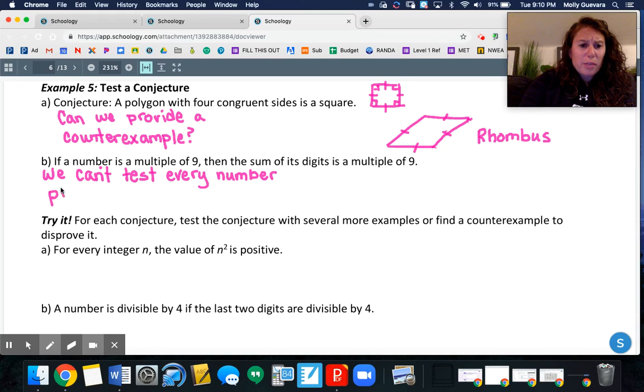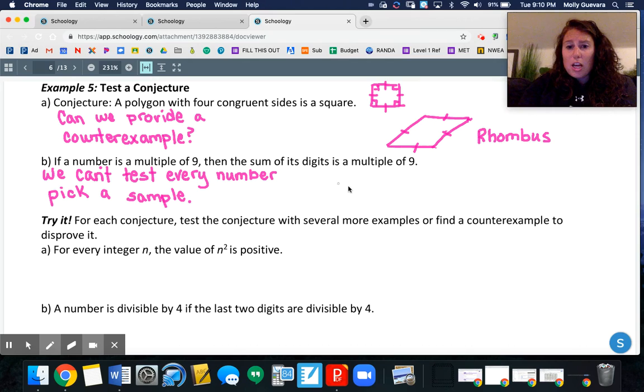So what we're going to do is pick a sample. We're just going to pick a couple random numbers to multiply 9 by and then see if it works. So 9 times 12 is 108. This says if 9 times 12 is 108, then the sum of these three digits, 1 plus 0 plus 8, should also be a multiple of 9.